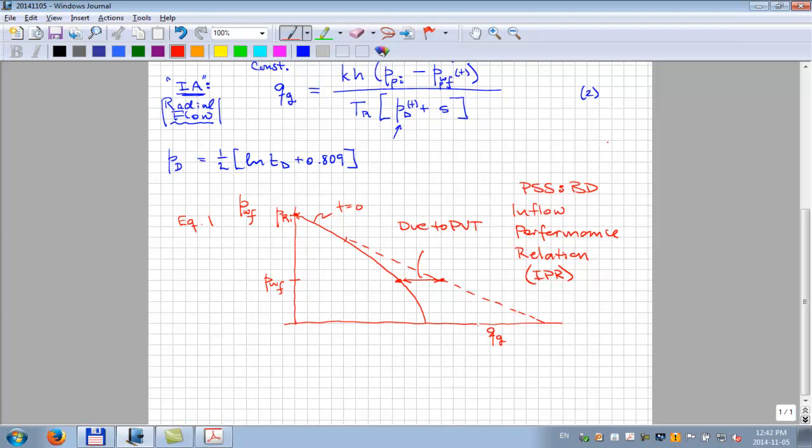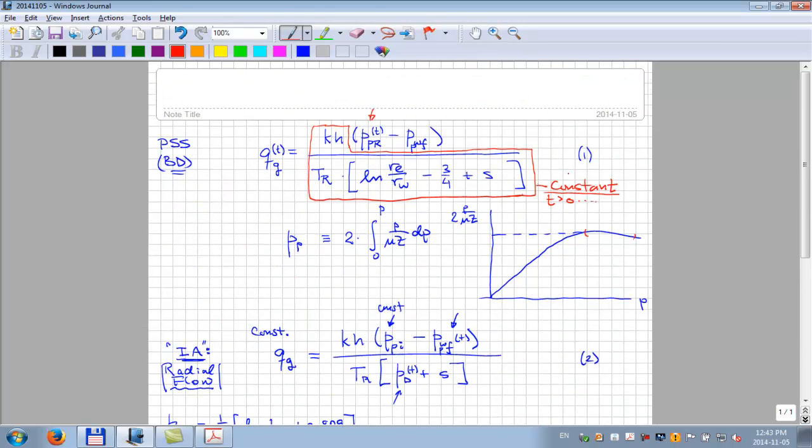We put the well on production, we measure the bottom hole flowing pressure, we know the initial pressure, right? Okay? So, to find this constant, you only need a single test. Okay? You need one rate and one bottom hole flowing pressure.